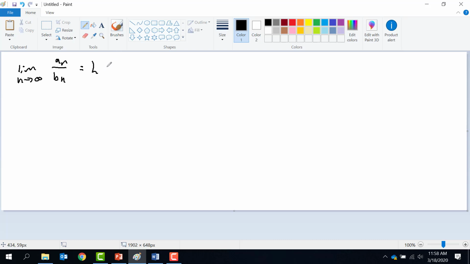That's what that means. So then that means that you can pick any number you want to here, and for convenience we'll pick 1. So then that implies that eventually a sub n over b sub n will be less than L plus 1, right?